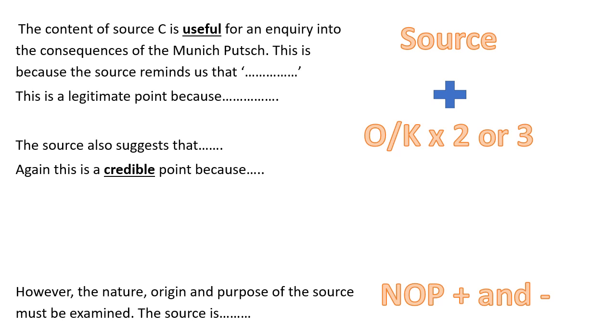This is because the source reminds us, and then you can develop the things you found in stage 1, and you can support them with your own knowledge, and you can repeat to cover both things. And then obviously finally you end with a discussion of the nature, origin and purpose. So you now need to write up your findings and produce a really powerful answer to the question.